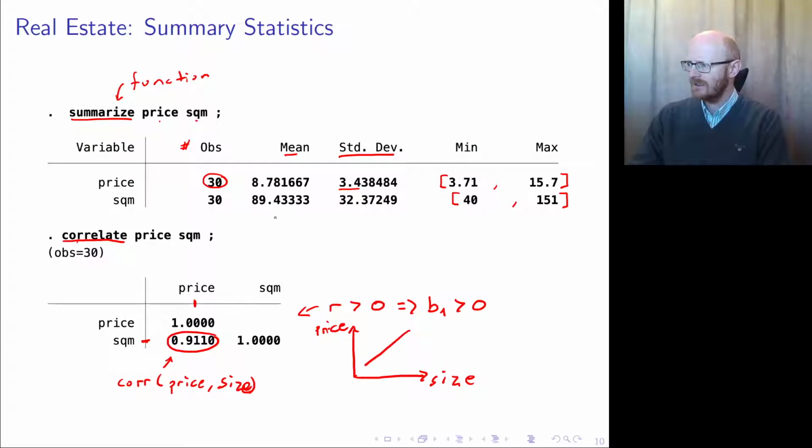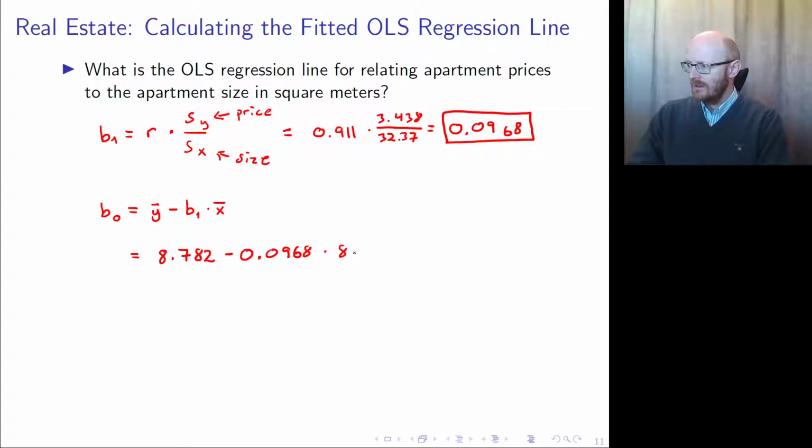And the average size is 89.43. And that would give us a B naught of 0.124. So that's our B naught.